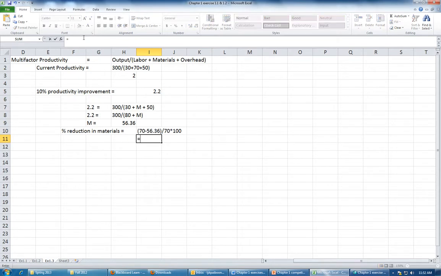That equals 70 minus 56.36 all together, about 19.48%. So that is part A.